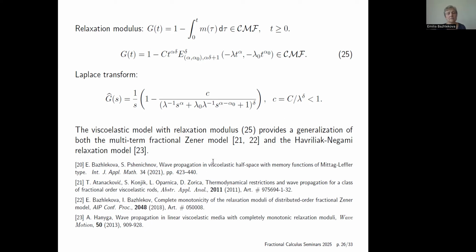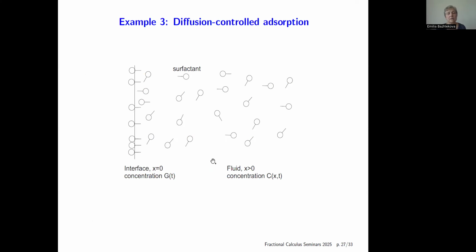And a last example, maybe not so popular, is from physical chemistry. Let us consider first a classical problem of diffusion-controlled adsorption of surfactants. Here we have a fluid and molecules of some surfactant.